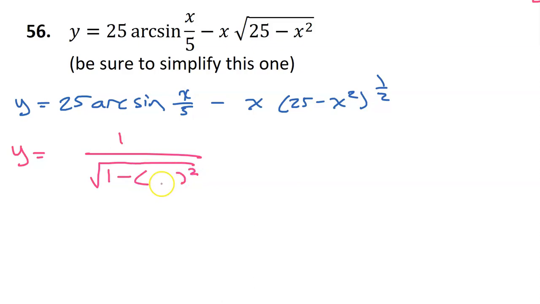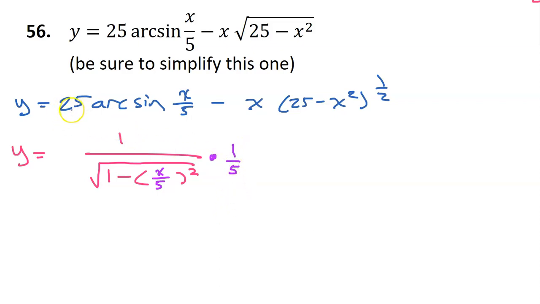But instead of putting an x, I'm going to put parentheses because I see that we have a function inside of this function. So on the inside, I'm going to put x over 5. And that reminds me that I need to do the chain rule and multiply it by the derivative of the inner function, which would simply be 1/5.